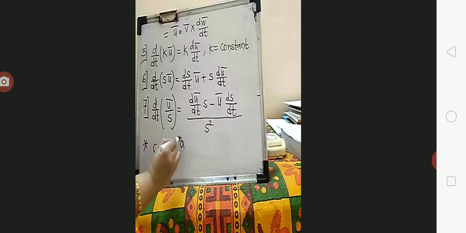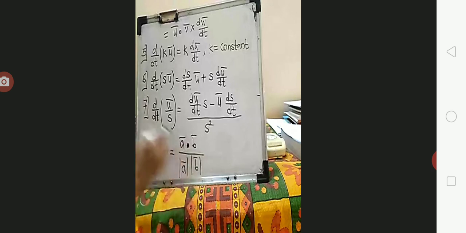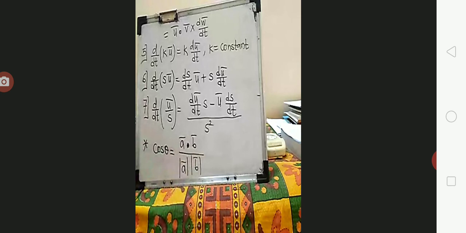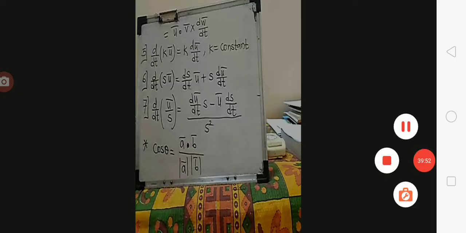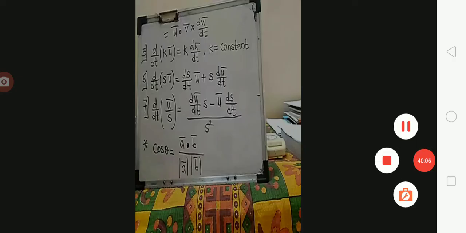So it is a bar dot b bar divided by magnitude of a bar into magnitude of b bar. Okay. So cos theta is given like this.